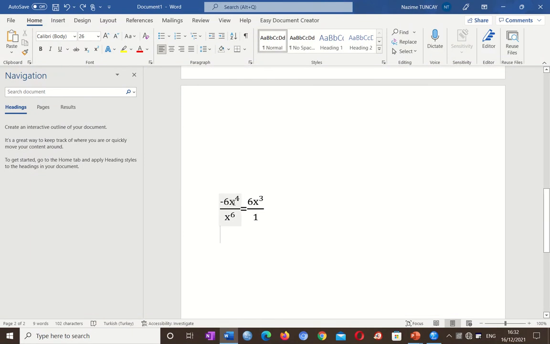Now I have to subtract this, right? x to the power 4 and x to the power 6. So 4 minus 6 is minus 2. Great. This is 1 also, I have only 1 here. So it says now minus 6 x to the power minus 2 is equal to 6 x to the power 3.